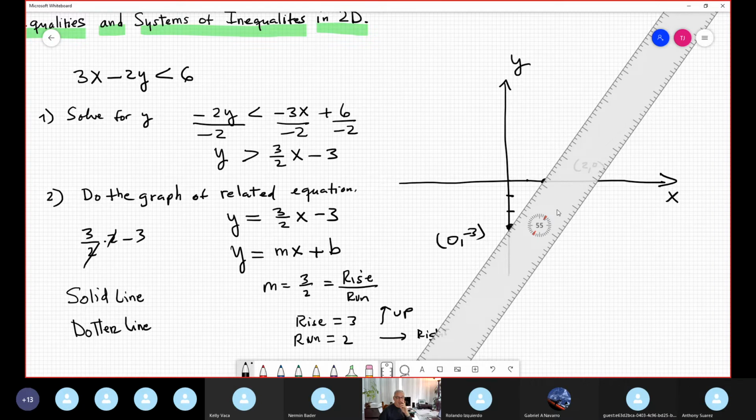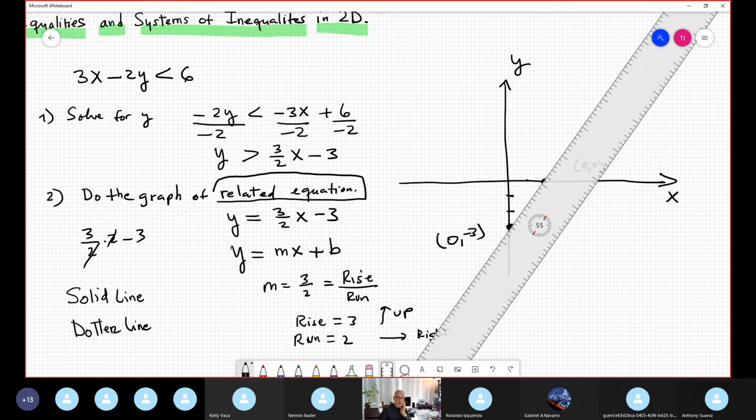And a solid line is when our inequality contains an equal sign. Because when it contains an equal sign, the equation is considered inside the solution. But no, professor, my inequality has no equal sign. That means that the line, the related equation, is not inside the solution.